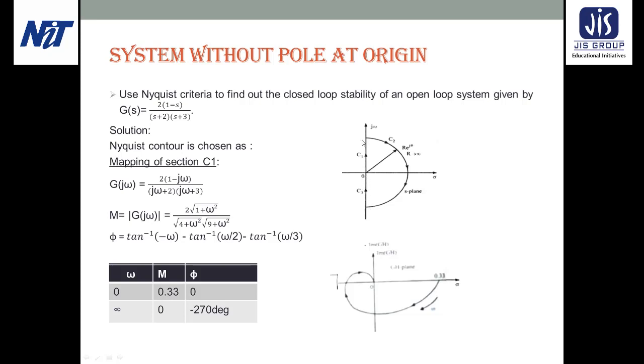That means this Nyquist contour is selecting the whole right hand side of the S-plane. So let's map the section 1.